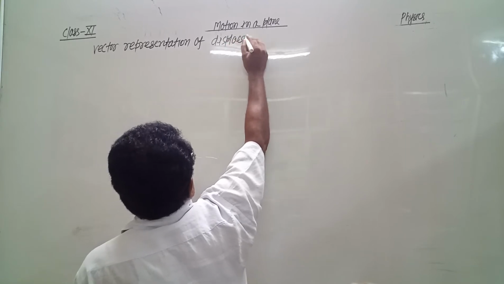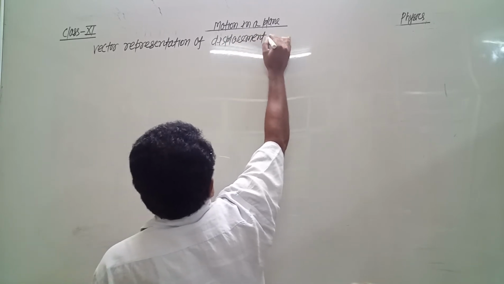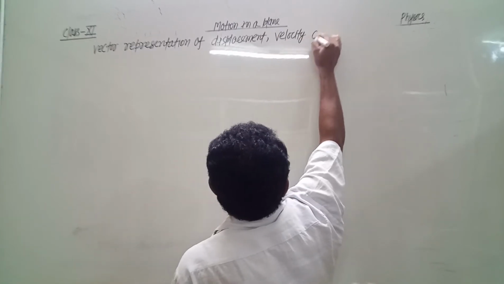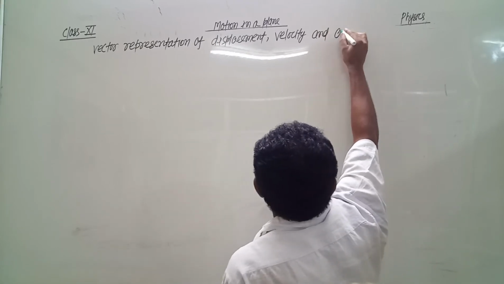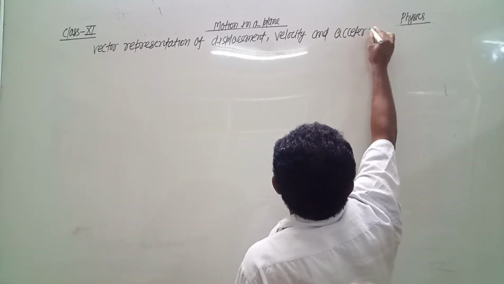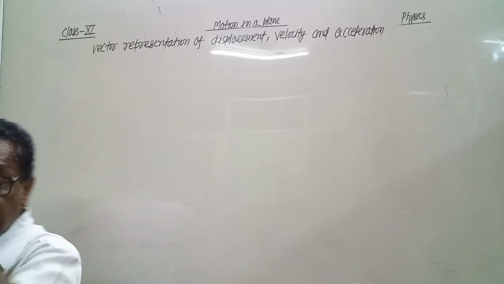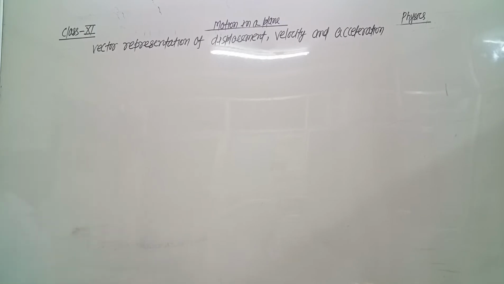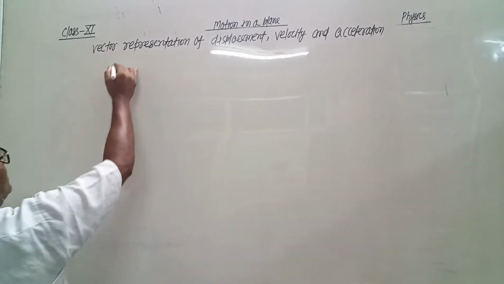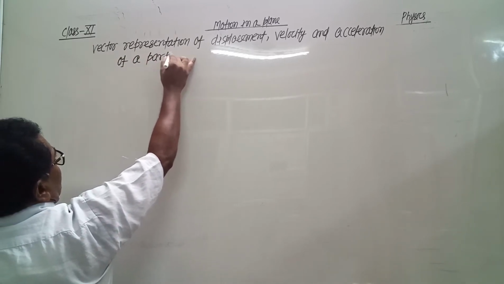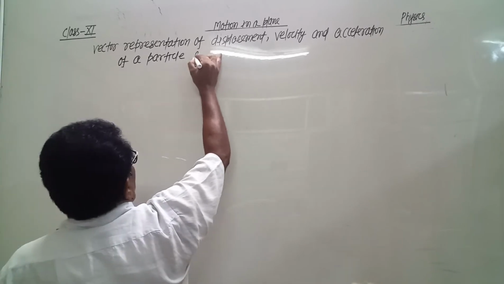Displacement, velocity and acceleration. Vector representation of displacement, velocity and acceleration of a particle in two-dimensional motion.